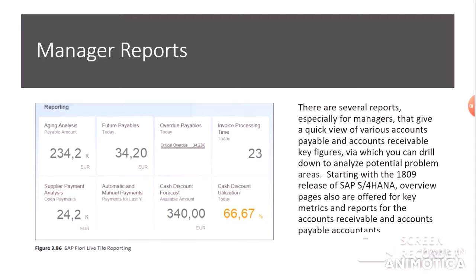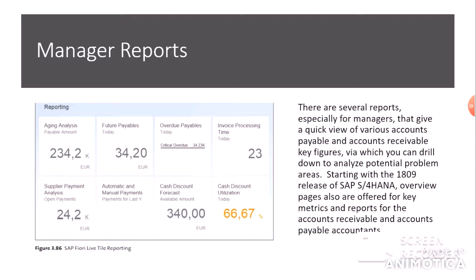So the first thing we can see is the manager reports. There are several reports especially for managers that give a quick view of various accounts payable and accounts receivables key figures, which we can drill down to analyze potential problem areas.